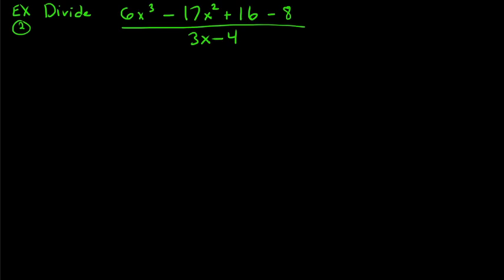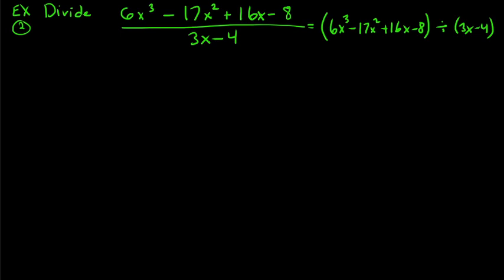Okay, here's the second example. We have 6x cubed minus 17x squared plus 16x minus 8, all divided by 3x minus 4. Keep in mind that, of course, they can also write the question this way, 6x cubed minus 17x squared plus 16x minus 8 divided by 3x minus 4.